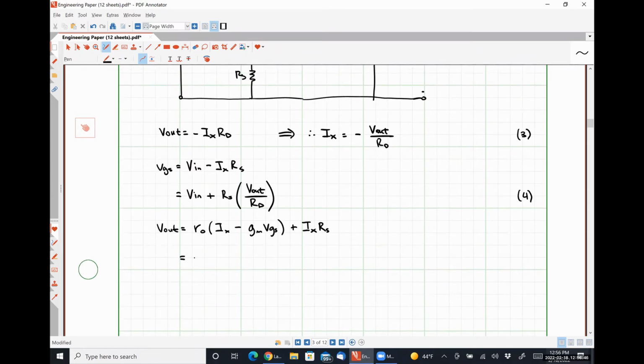So R naught times negative V out over RD, minus GM times Vn plus RS times V out over RD, plus RS times negative V out over RD is equal to V out.